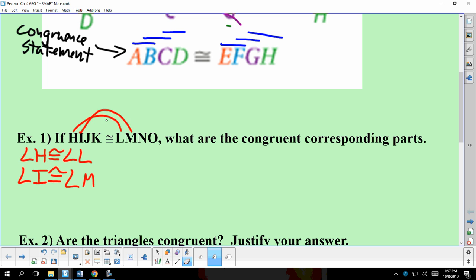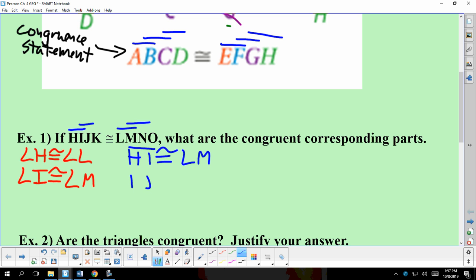And there's two more corresponding angles. But let me start you on the corresponding sides. Corresponding sides, HI is congruent to LM. IJ is congruent to MN. See if you can find the other two corresponding angles and then the other two corresponding sides to this one. And then we'll pick that up.